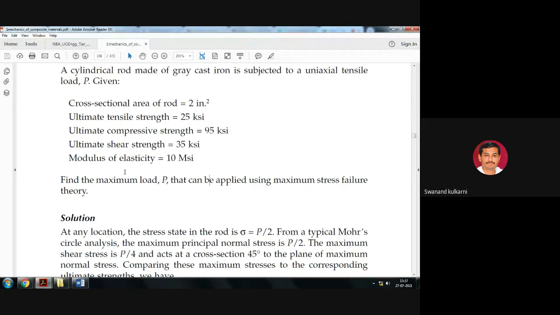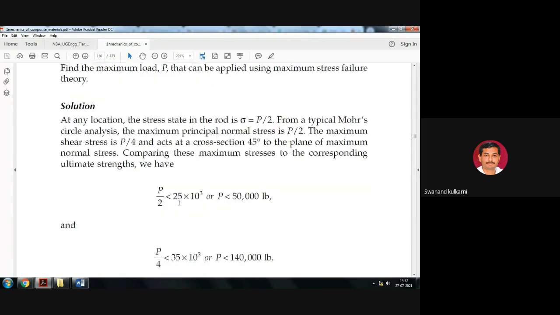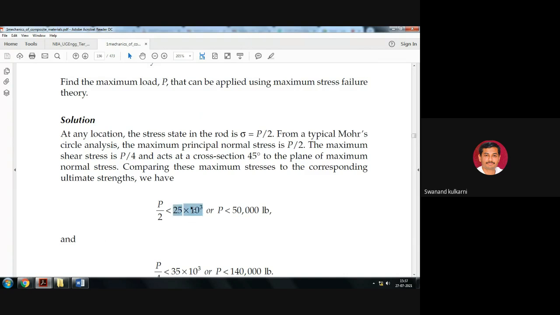So besides 95, we are giving the preference to this ultimate tensile strength 25. And that's why here we take P by 2 equal to 25 into 10 raised to 3. So this is the sigma. Is it okay? So this is the stress. So stress into 2, here we get P should be less than 50,000.